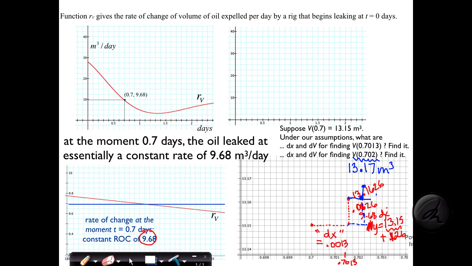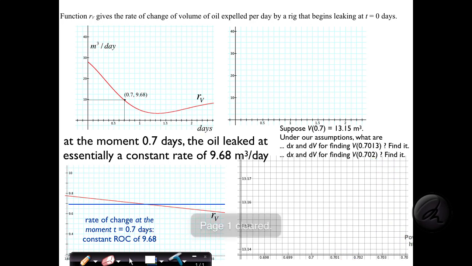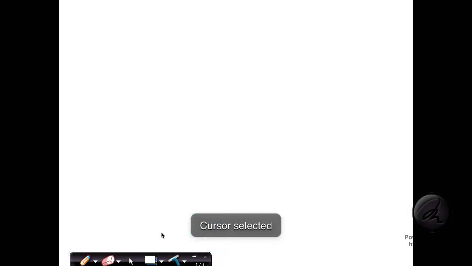So I could have, in other situations, not this one, negative rates. In this one, I have positive rates. It's oil spilling. It's not going to unspill. But let me clear this off. And go with this. All right.